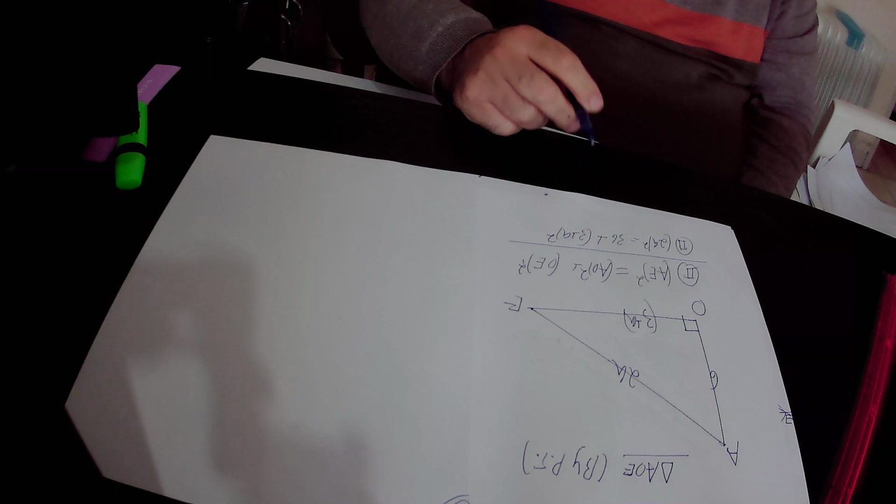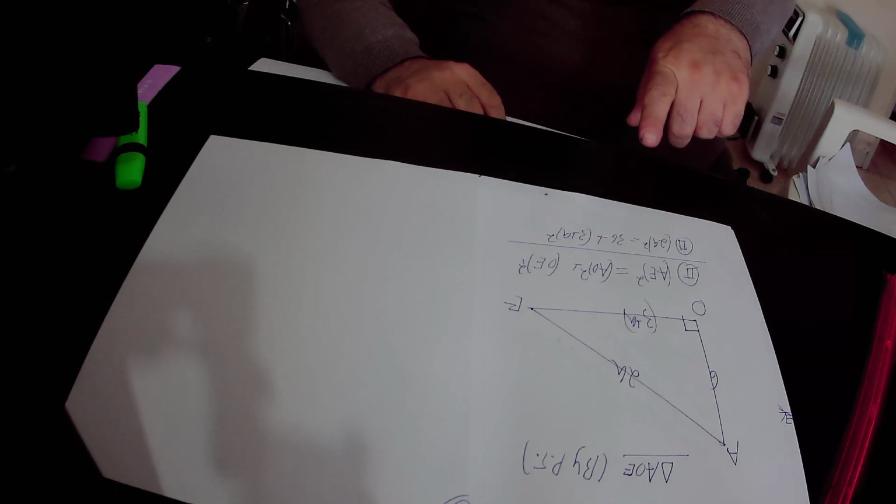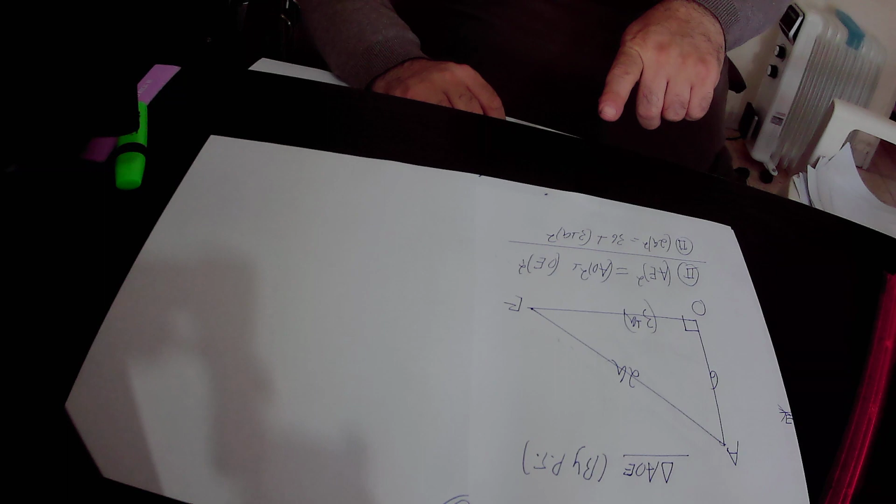So in conclusion, according to equation number 2, we found out that 2a squared equals 36 plus (3 plus a) squared.